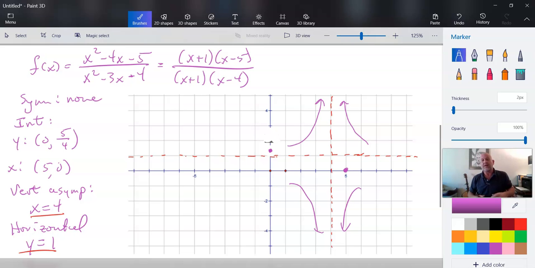It's the same thing for any rational expression. So the way you tell if it's odd or even is you look at the factor that gave you that asymptote. In this case, it's an x minus 4, and the exponent on that is a 1, which is an odd number, which means they go opposite directions.